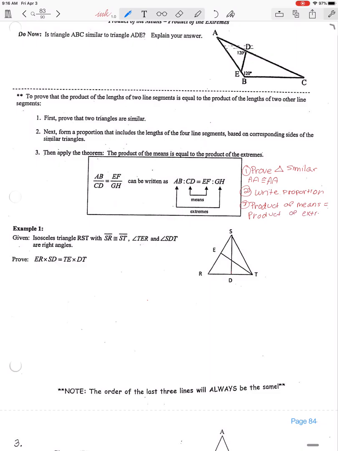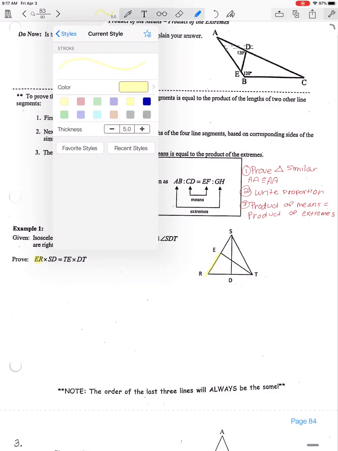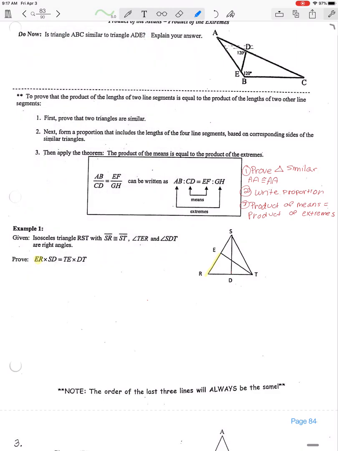So let's take a look at what we would do here. First of all, I have to figure out what triangles I'm going to be proving. So this is what I like to do. I like to take my highlighter, I say ER, and then I take another color, and I go SD.